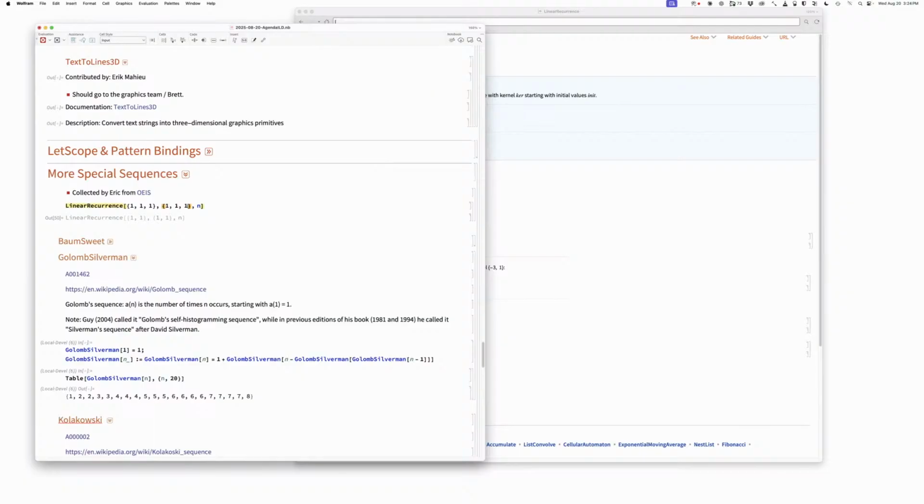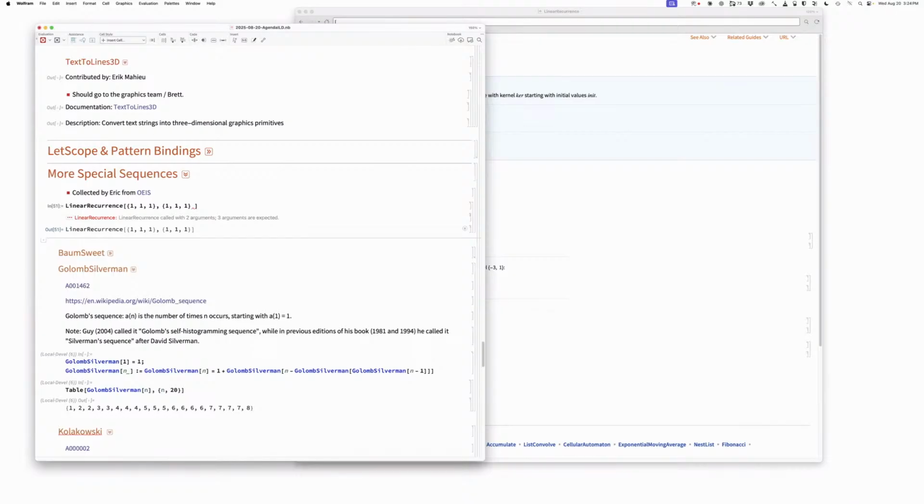So I should be able to generate. Does it have an operator form? What about that? An operator form of linear recurrence, and then being able to do things with that seems more useful to me.